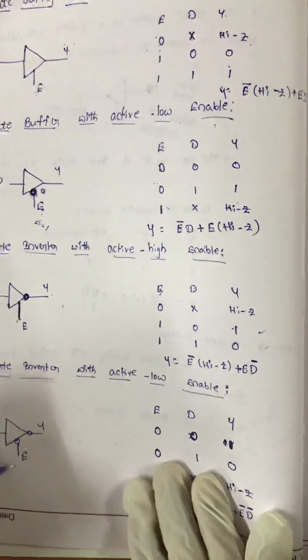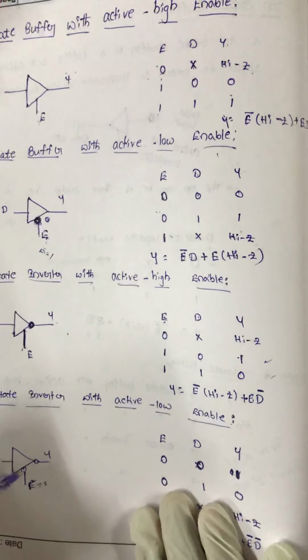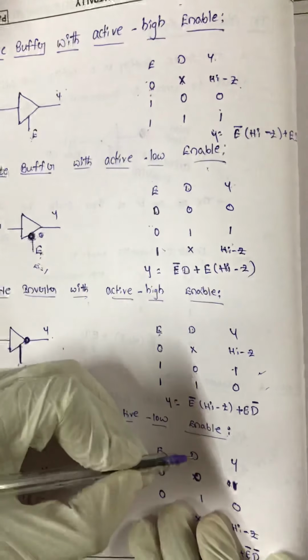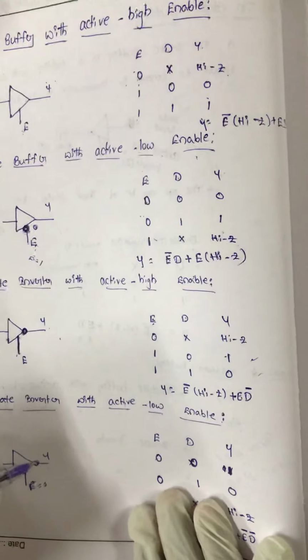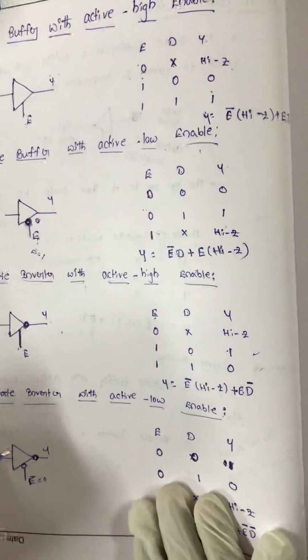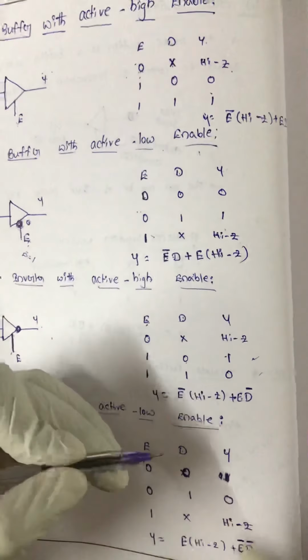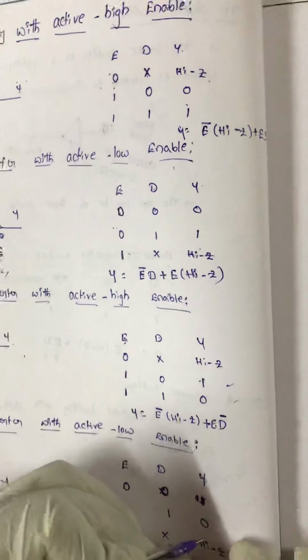E equals 0 means it is high condition. Initially E equals 0, by connecting the bubble it is converted to 1. So in this D is 0, output is 1 because this is the inverting operation. Inverting operation means output is opposite to input. So input is 0, output is 1. Next one, in the 0 condition also, input is 1, output is 0.